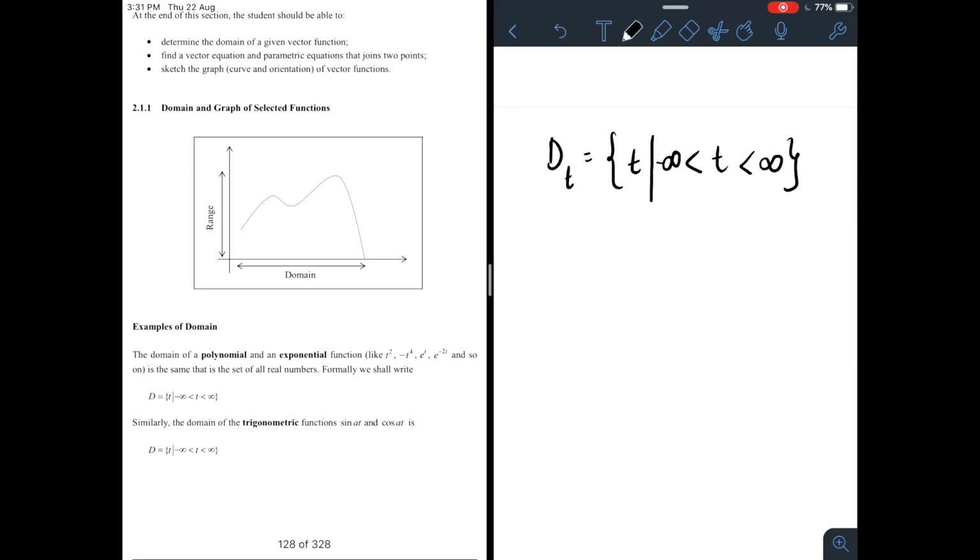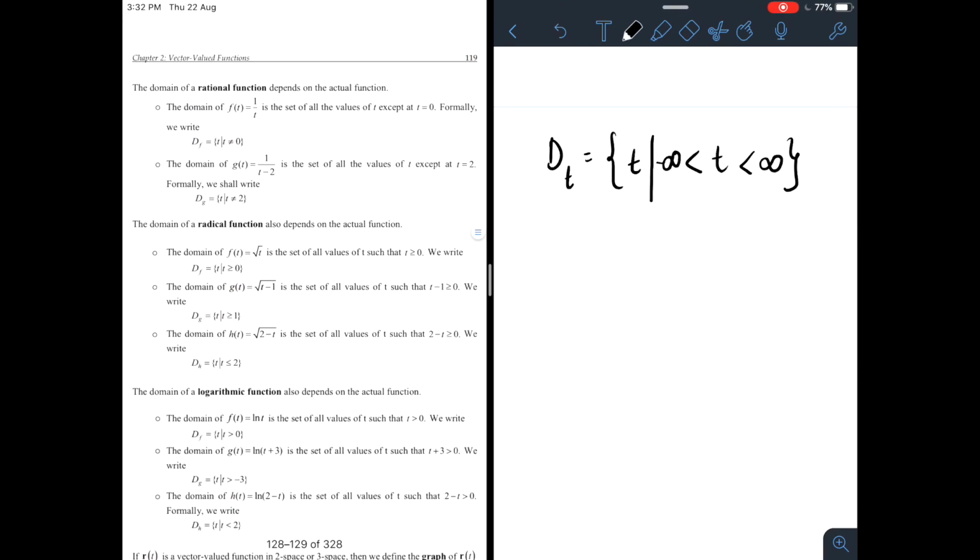Okay, this is important because you need to understand the type of function so that you can come up with a correct conclusion, or else it will lead to a wrong answer when you try to determine the domain of vector valued functions.